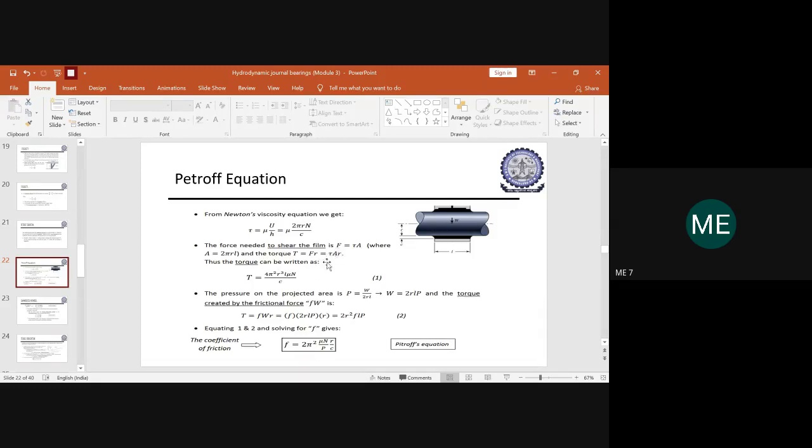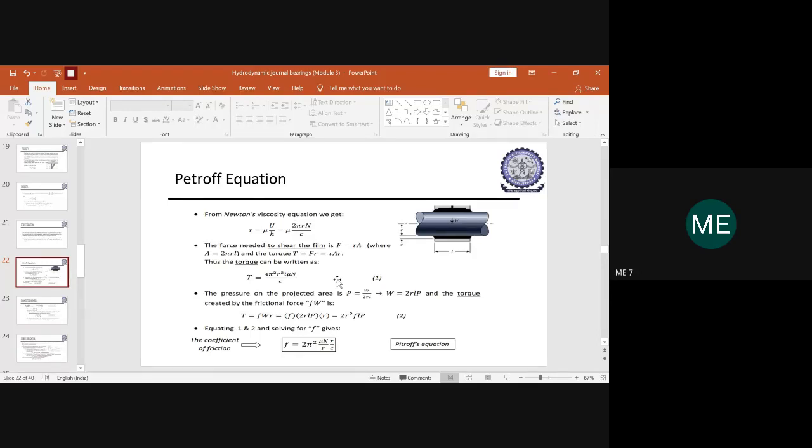You substitute all the values, and the torque value will be yielded as 4 pi square r cube L mu n upon C. This will be the equation for the torque in the journal bearing. This is how you correlate and get the value of torque. This is the equation you have to use to determine the torque in a journal bearing.